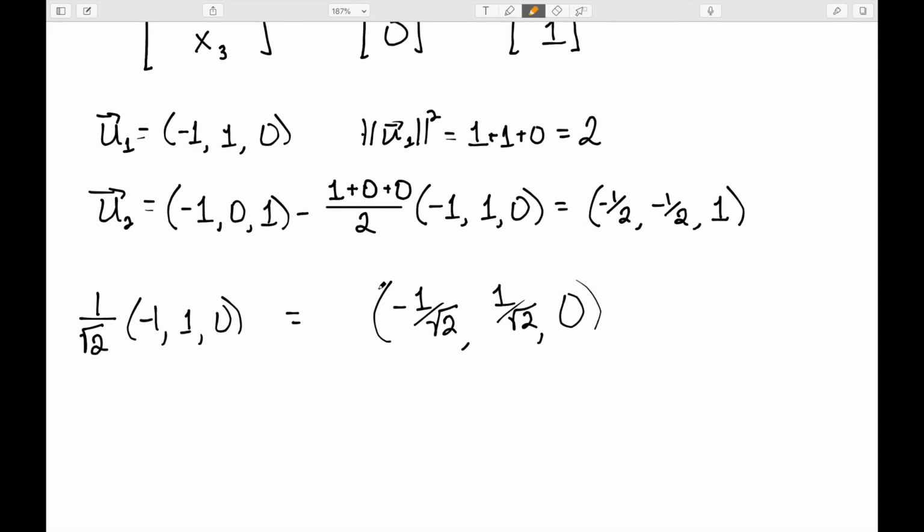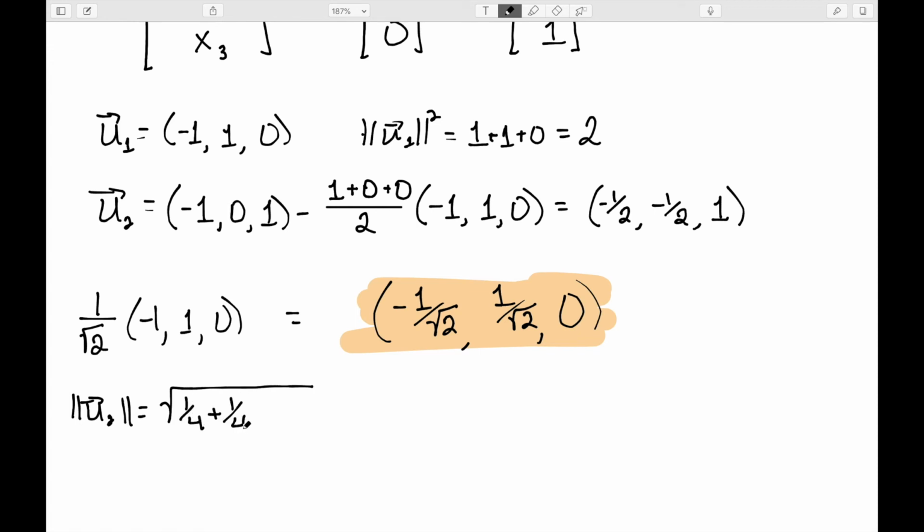So this is the first vector that I'm going to need for my matrix P. If I try to find the norm of u2, I would have the square root of -1/2 squared plus -1/2 squared plus 1, which works out to be root 6 over 2.